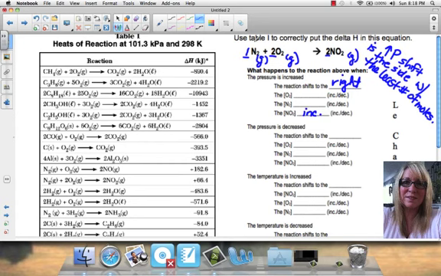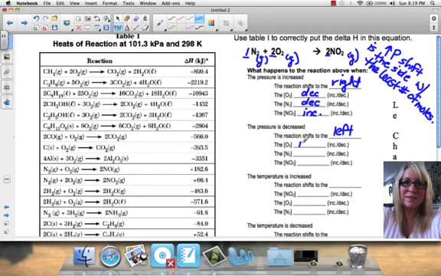And how does it do it? Because N2 and O2 are colliding more. So if N2 and O2 are colliding more, that means they are decreasing. If the pressure is decreased, then it's going to shift to the left, the side with the most number of moles. And that means we're going to be making more N2 and O2.